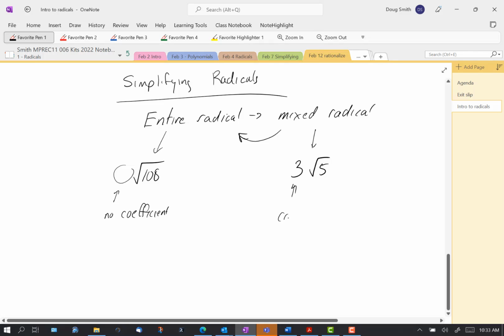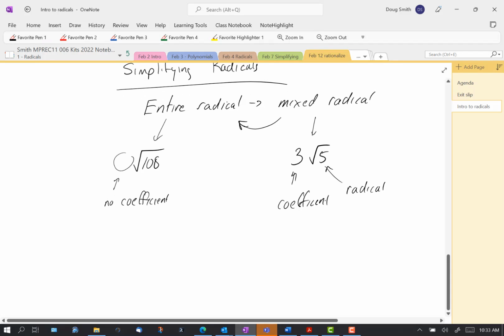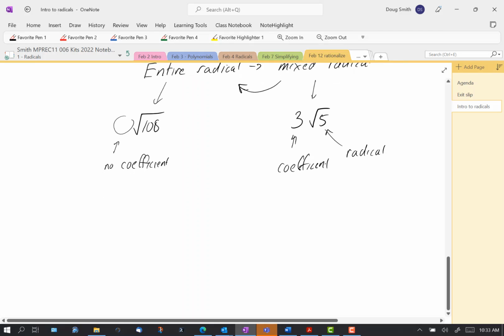So there's your coefficient, and there is your radical. I think typically we're looking to go from an entire radical to a mixed radical, for reasons we'll get into in another tutorial.